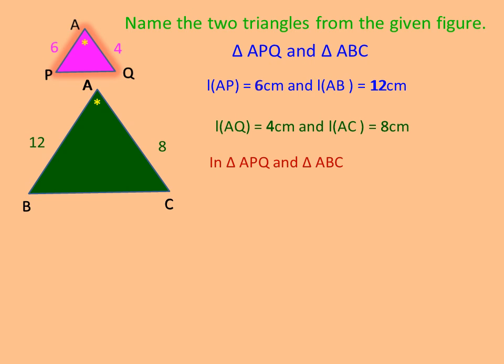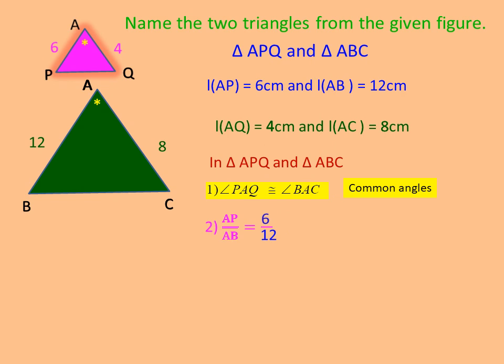Now let us learn how to write that. In triangle APQ and triangle ABC, we have angle PAQ congruent to angle BAC because common angles. Second one, we have AP upon AB. We are finding out the ratio.